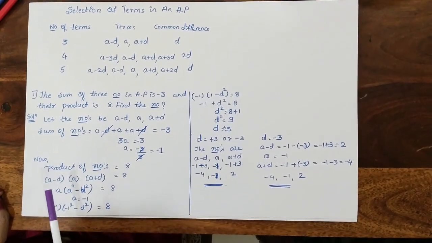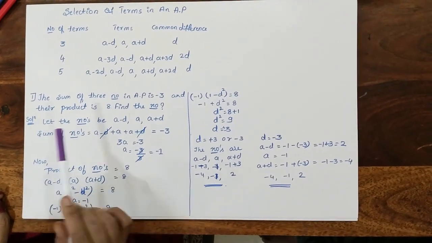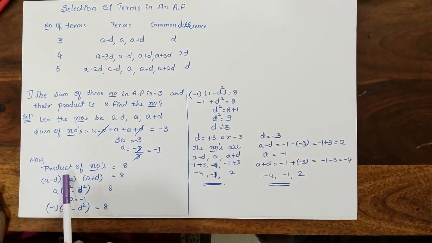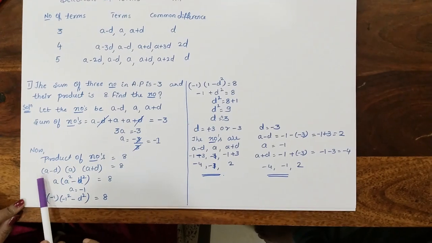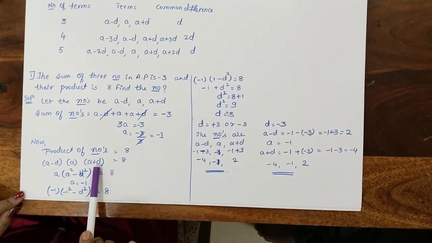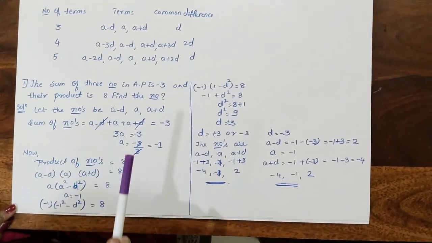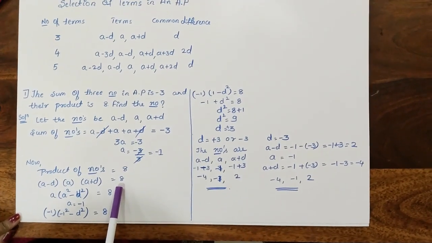This is the first part, where we found the value of a. Now in the next part, their product is 8. What does it mean? We have to multiply a minus d into a plus d, which is given as 8, so we equate it with 8.